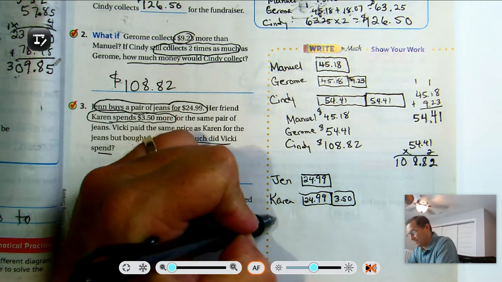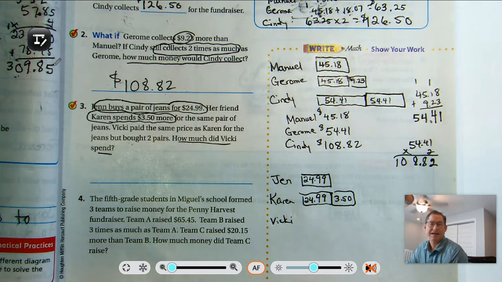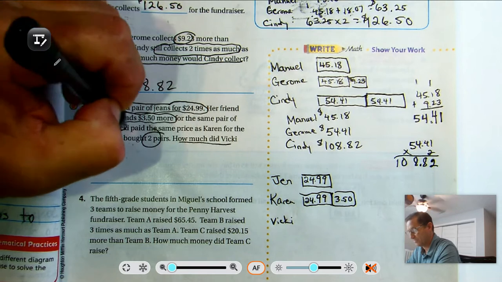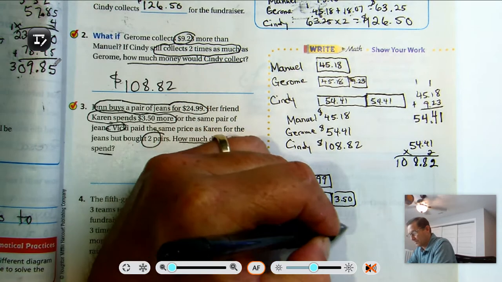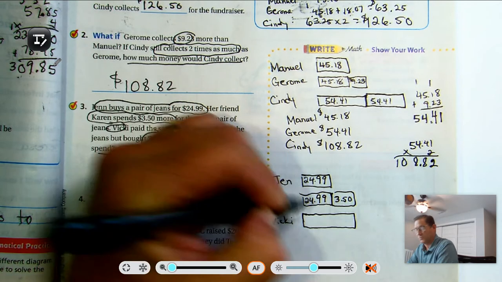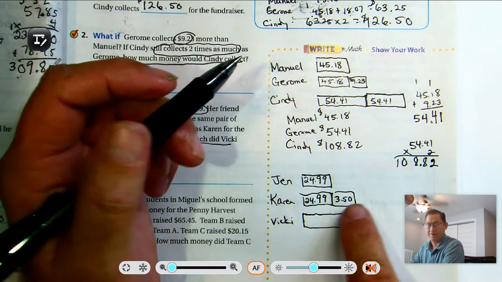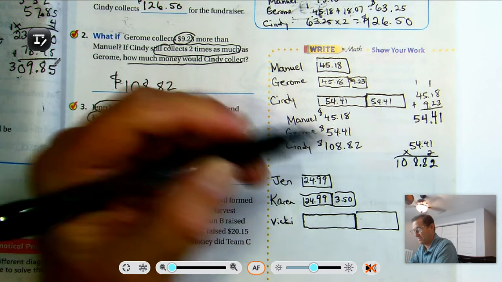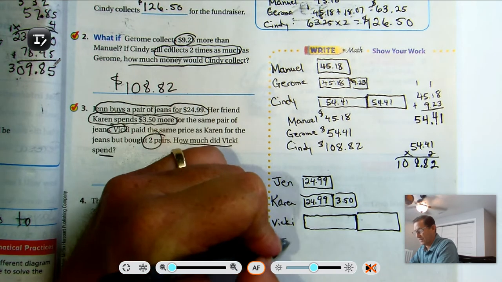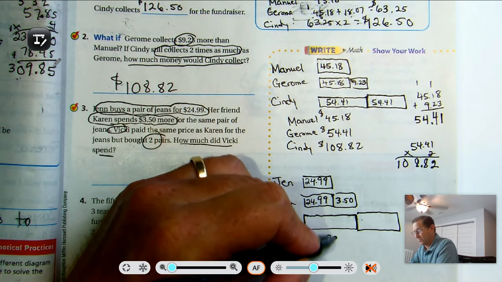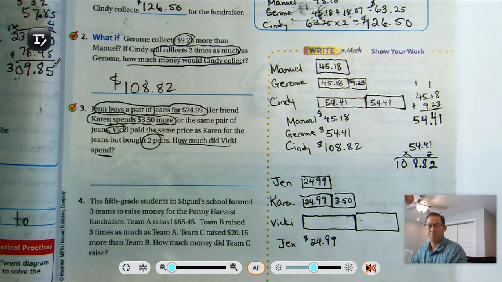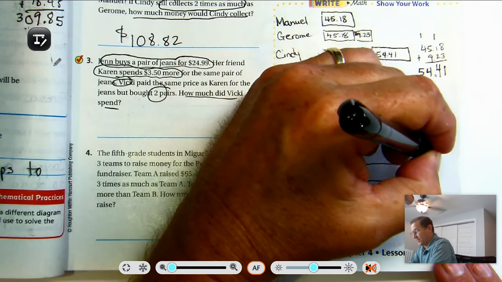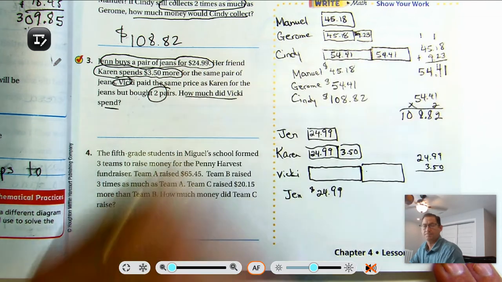And Vicky paid the same amount as Karen but bought two pairs. So the first box will be the same size as Karen's one pair, and then she bought a second pair for the same amount. So Jen spent $24.99 on hers. Karen spent $3.50 more.